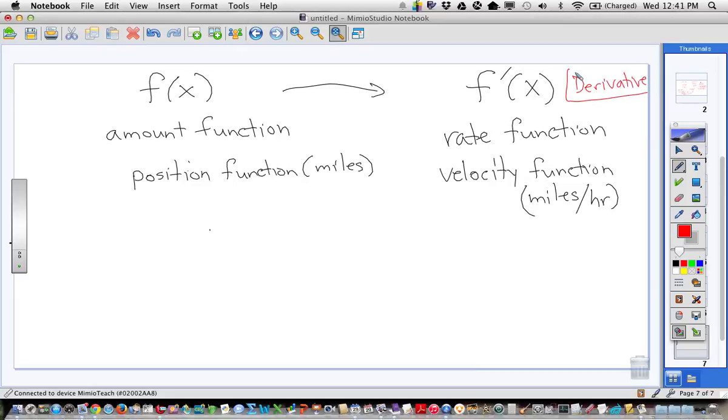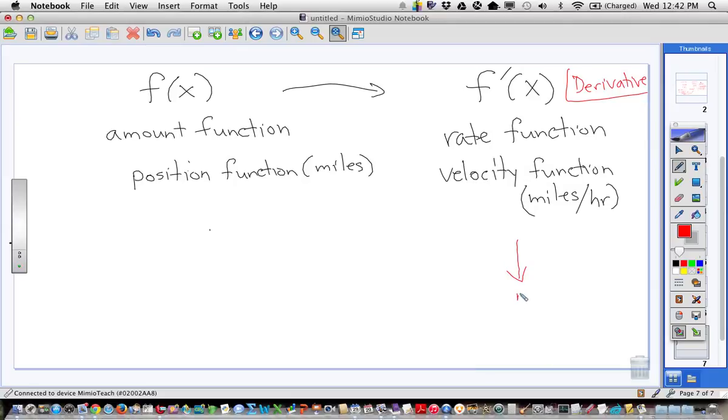Now, we're not going to get into this for a couple of days. We'll probably get into it a little bit on Friday. So I would say don't write this down right now. But we could even go off of that function and do the rate of change of it. What would be the rate of change of miles per hour? That's acceleration. You've been in physics, you've talked about that. If you change your velocity, that is acceleration.